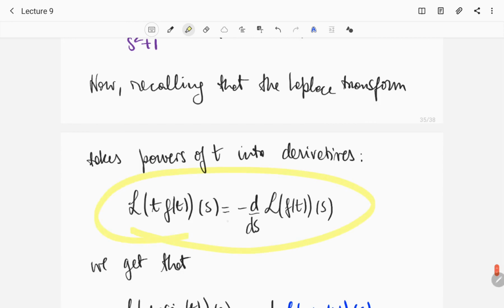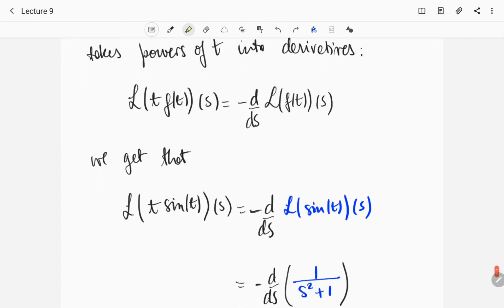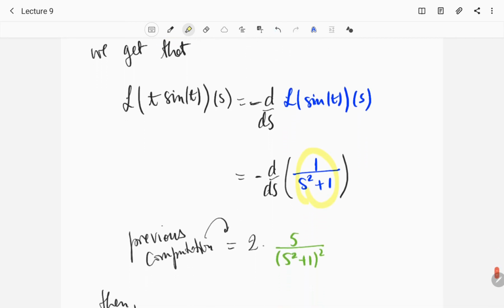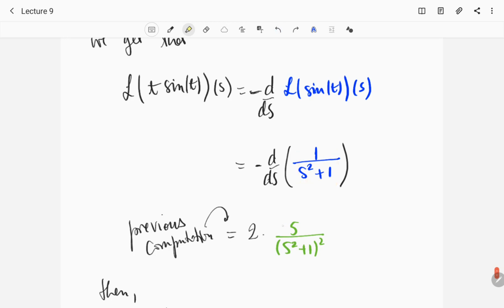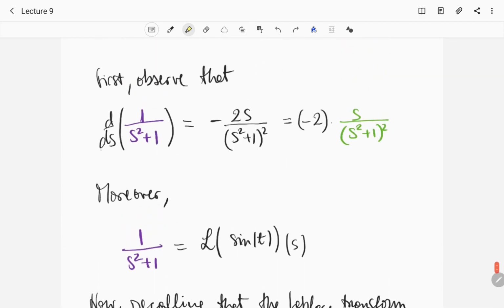That is here. Remember that when we have a t, we get one derivative here with a minus. And so in the special case where we have sine here, we get this minus derivative in s of this Laplace transform that we know is this one. And now remember that it is coming from this identity.